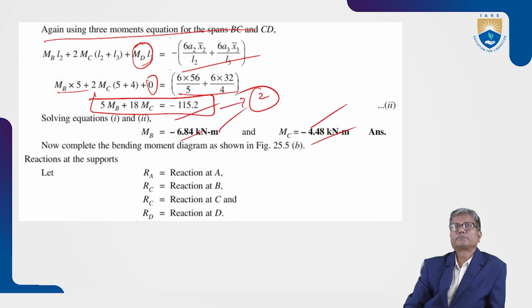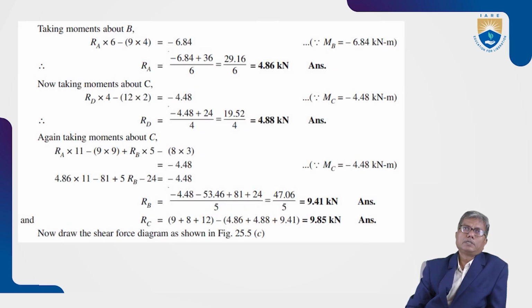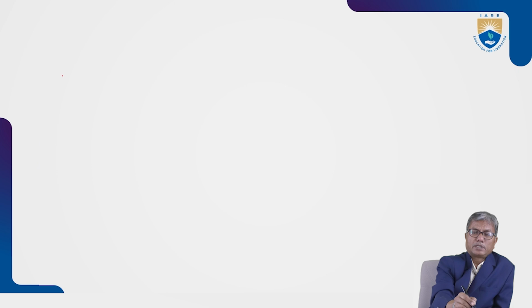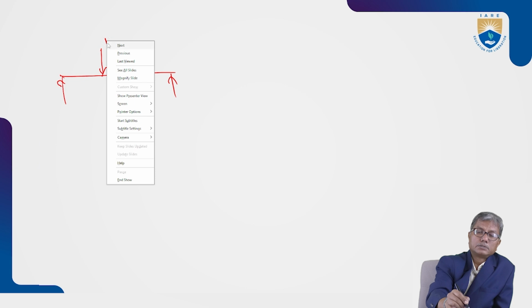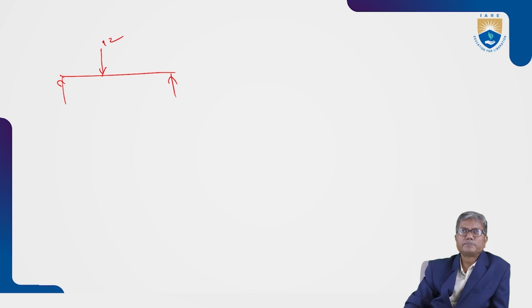Now we can find the reactions. Reactions are obtained by considering free body diagrams of each span. Free body diagram of AB: this is the 12 load.